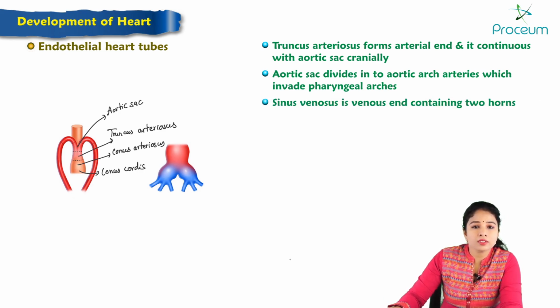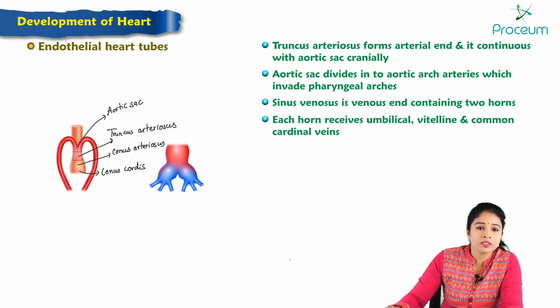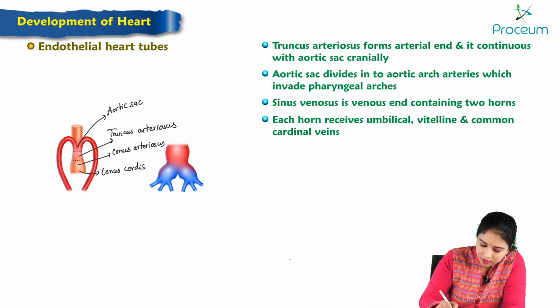The sinus venosus is the venous end, containing two horns, and each horn receives the umbilical, vitelline and common cardinal veins. So these are the right and left venous horns.